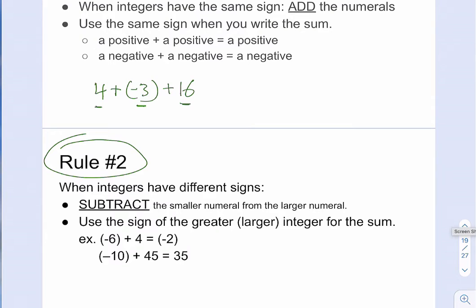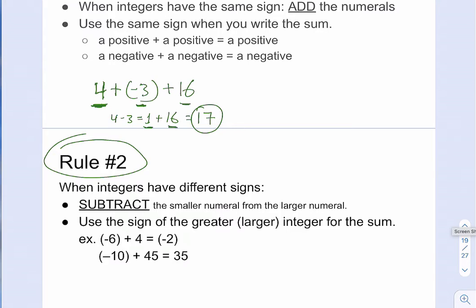So we have 4 plus -3. Those signs are different, so I'm going to go 4 subtract 3 equals 1. My larger integer for my sign, positive 4, is larger than -3, so it stays as a positive 1. Now I can add that to the 16. This time we have a positive and a positive, so I'm going to use rule number 1. Just add them together and keep the same sign. So 16 plus 1 is positive 17. There is my answer.